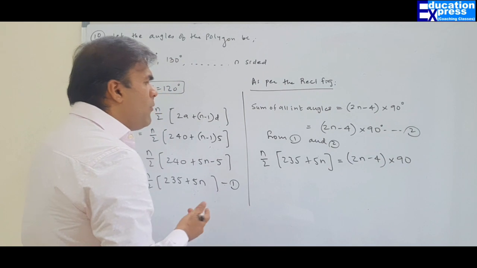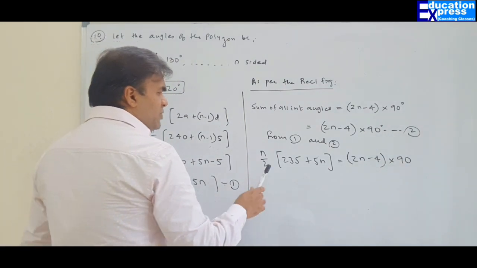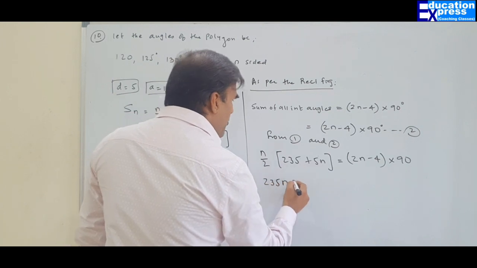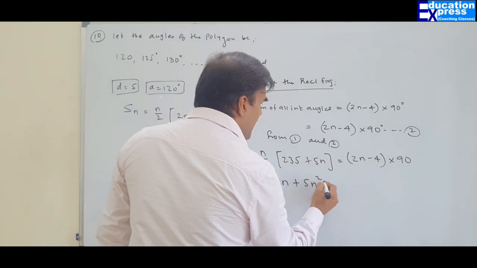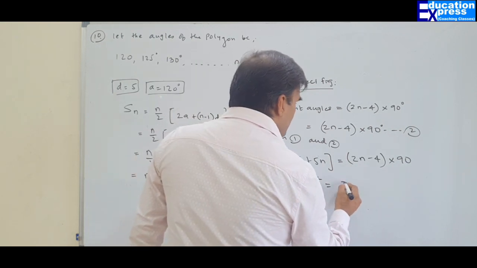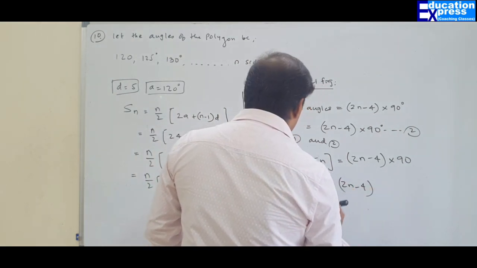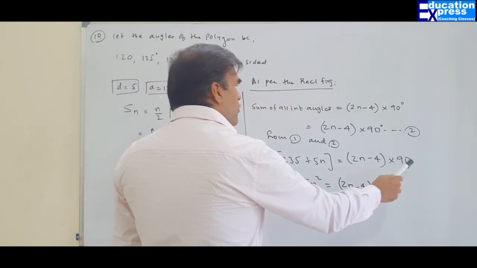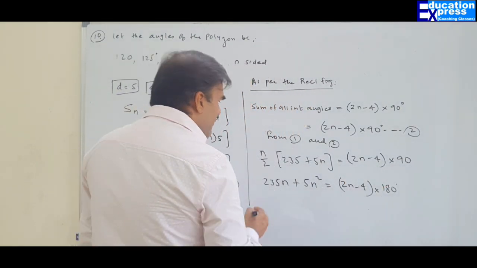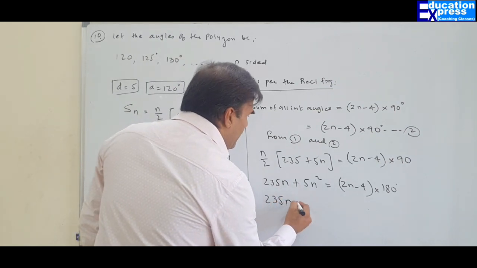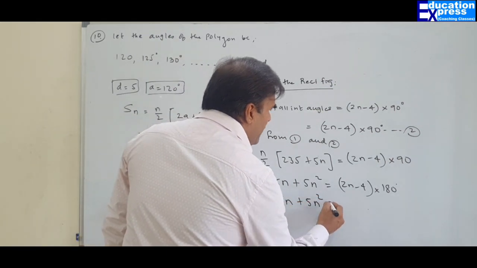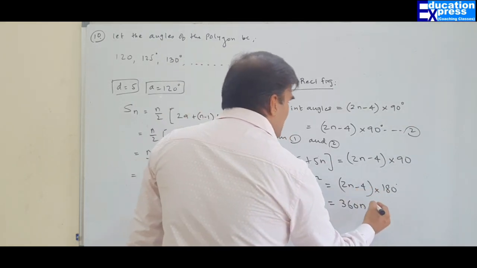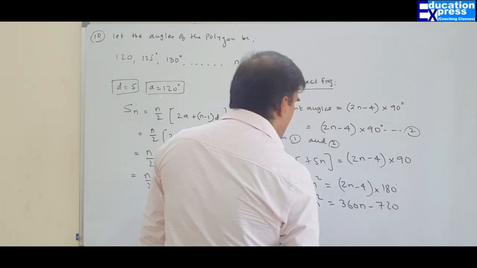Now this becomes a normal quadratic equation. This 2 will go there. So 235n plus 5n square is going to be (2n minus 4) into 180. Why 180? This 2 will go there, so automatically it's going to become 180. So 235n plus 5n square is going to be 360n minus 720.